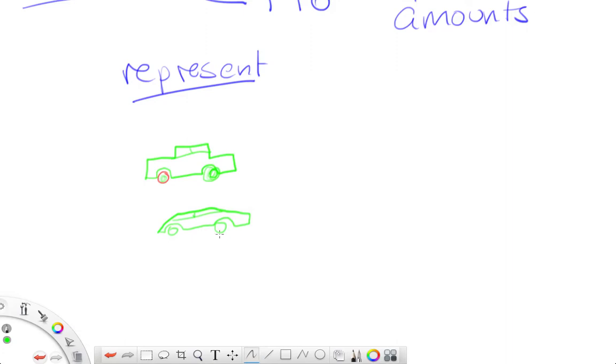In primary school, you might have started off representing values or amounts by drawing a number of things. You might have used apples, for example. But then, hopefully, you've moved on from this, and we wouldn't draw the cars. We might use a combination of numbers and letters to represent what we're talking about. So here we have a number, 2 cars.